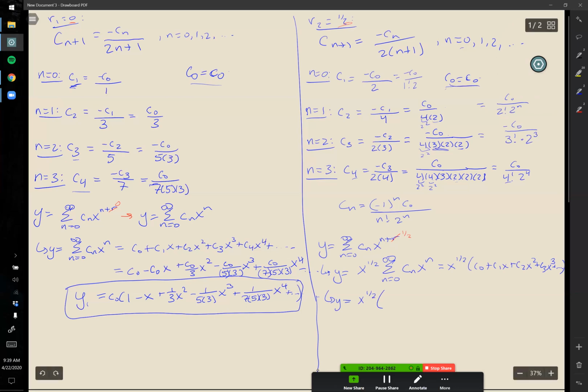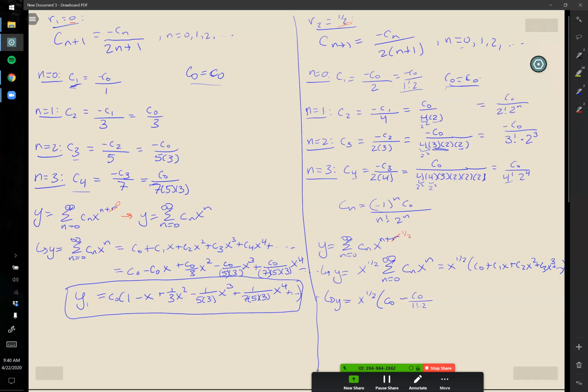We didn't know what C0 was, but we did figure out what C1 was. C1 was minus C0 over 1 factorial times 2.